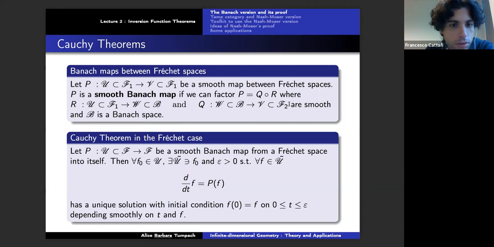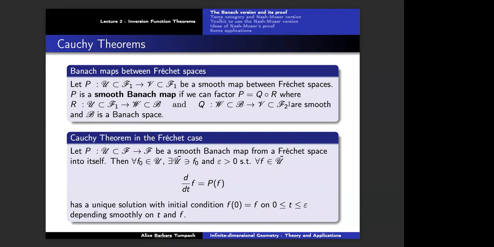Wait, can I talk? Sure, please talk. I would just like to know if I can always find such a map for two Fréchet spaces, and so I can find a Banach space to insert between them.